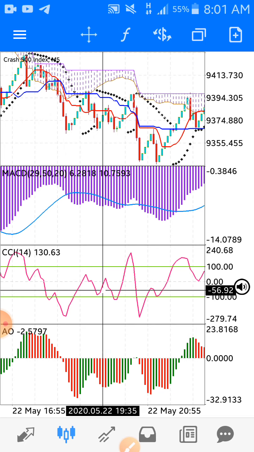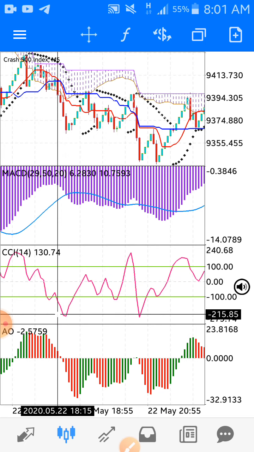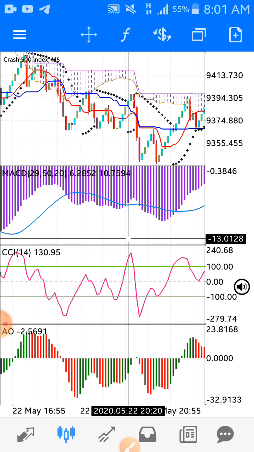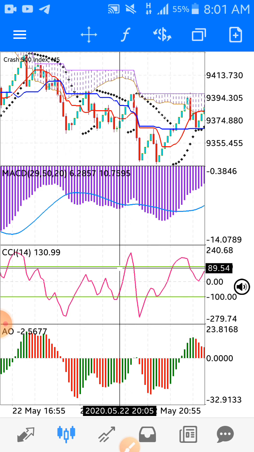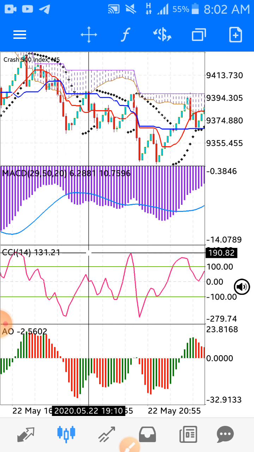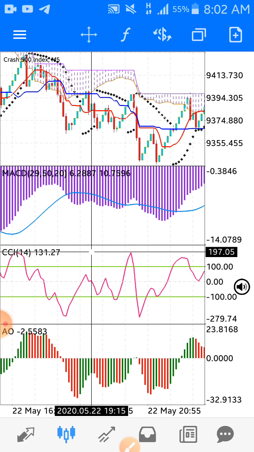All right, because this CCI is actually a momentum indicator. Once it crosses the minus 100, it tells you that there's enough momentum for a sell, and once it goes above the 100 positive level, it tells you there's enough momentum to buy, still using other indicators in connection.